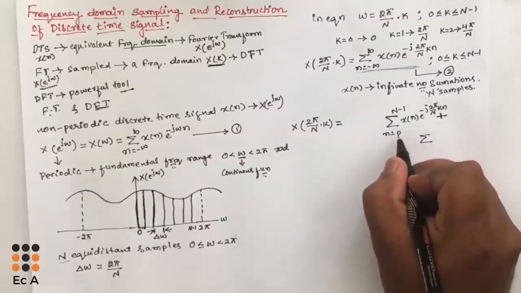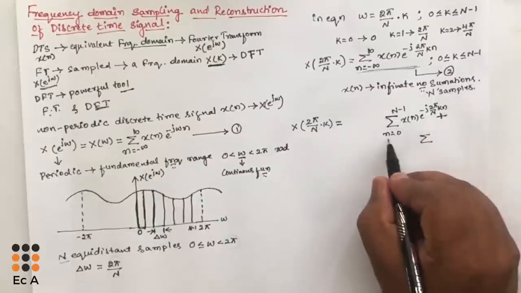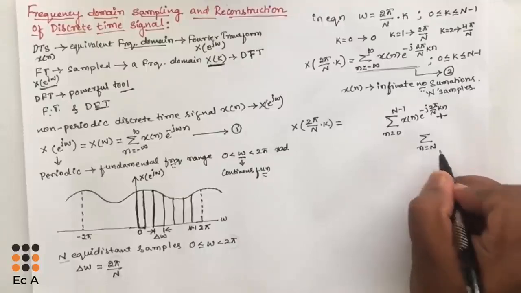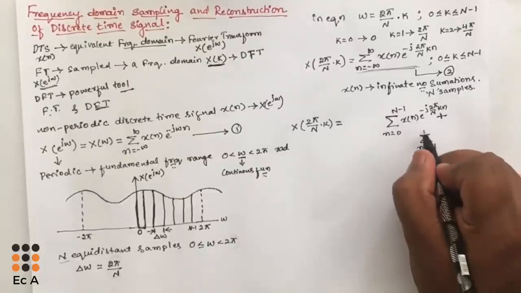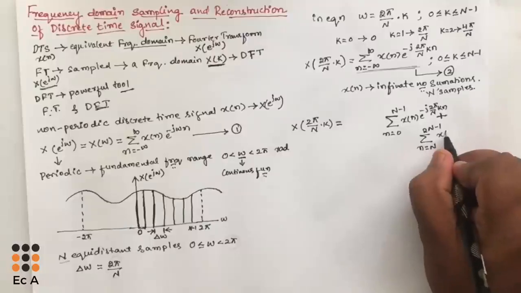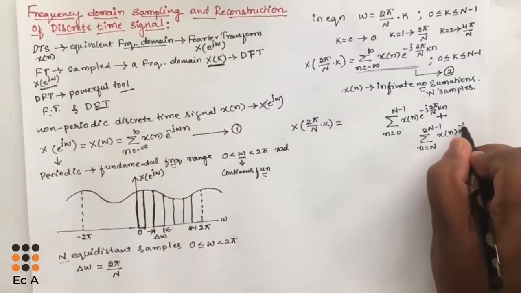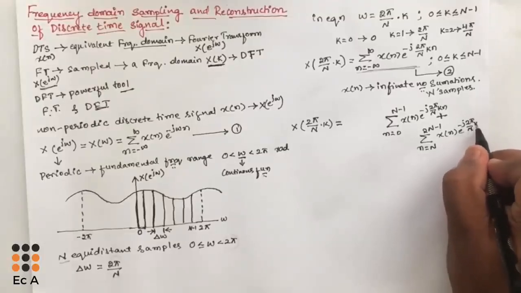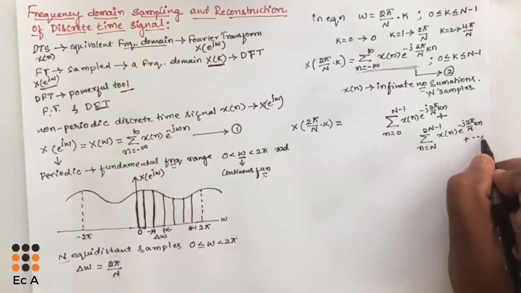For this we need to add N samples. So for 0, if we add N samples we will get n is equal to capital N. For this, if we add N samples it will be 2N minus 1, x of n e to the power of minus j 2 pi by N kn plus and so on.